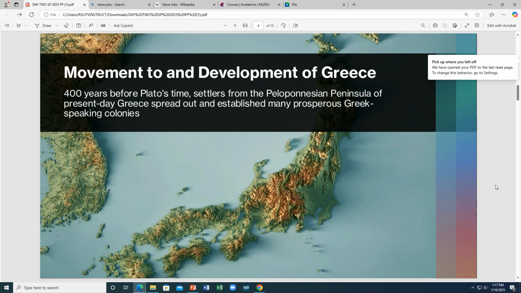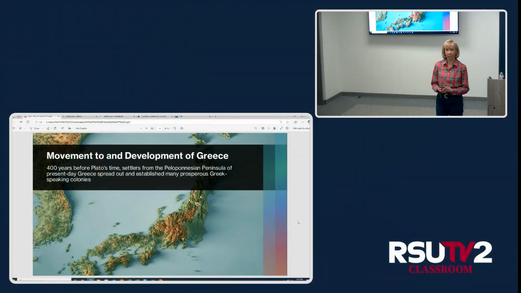All right, so we are moving into chapter 1, and if you have the book online or otherwise, you may want to follow along. So we are now in chapter 1, which is talking about foundational ideas from antiquity. All right, we're going to start by talking a little bit about the movement to and development of Greece.